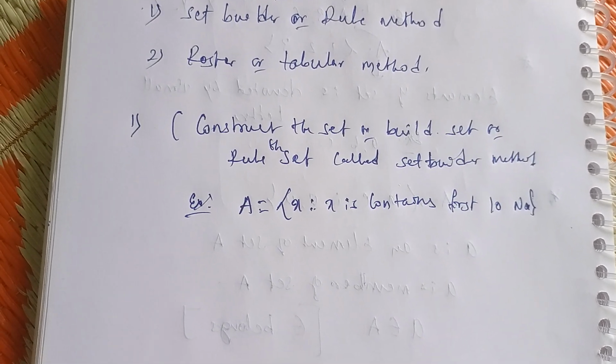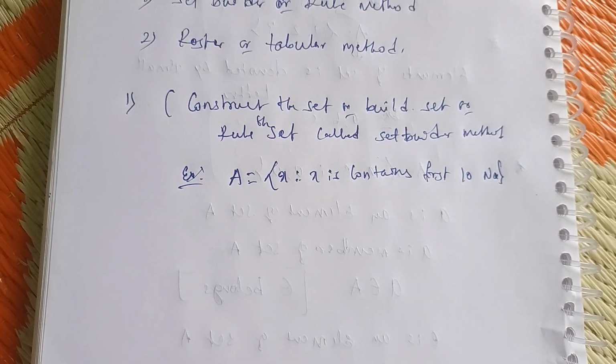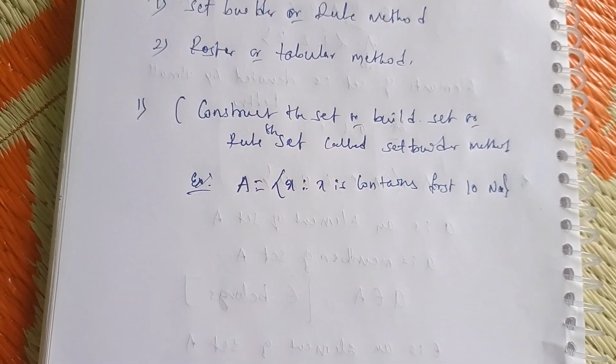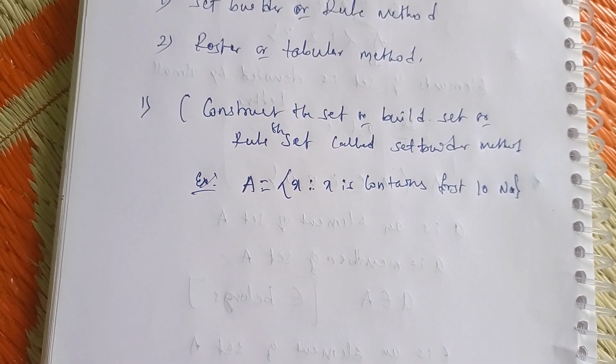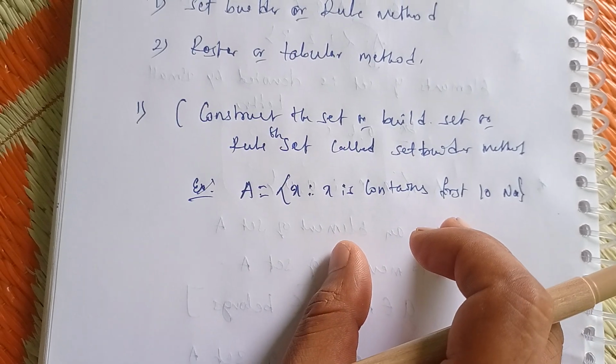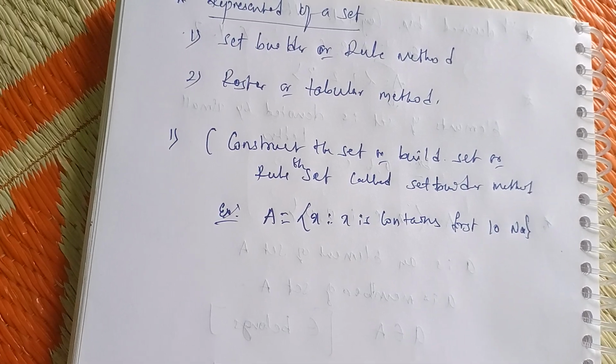Now what I did here, students, is build the set, or construct the set. This type of representing is called the set builder or rule method.